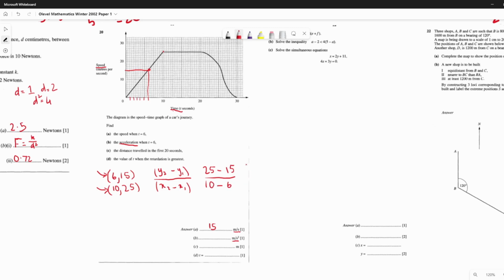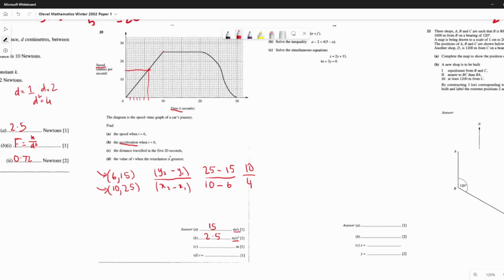So 25 minus 15 is 10, and 10 minus 6 is 4, and this is 5 over 2, so this is 2.5. 2.5 meters per second square is the acceleration when t is equal to 6.